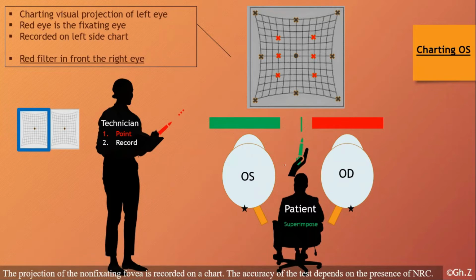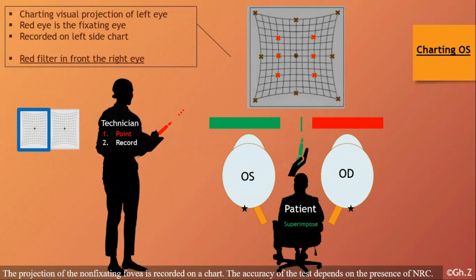By the way, in this slide, suppose the red filter is in front of the right eye and the green filter in front of the left eye. Because Hess charting is divided into 2 parts, charting of the right eye and charting of the left eye. So these goggles will be reversed.